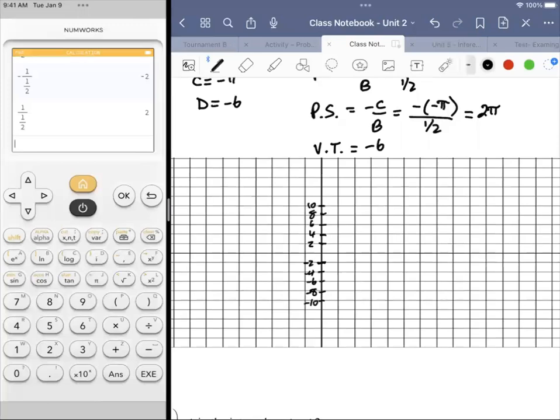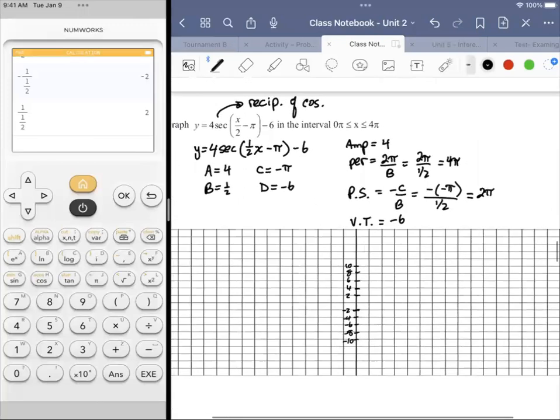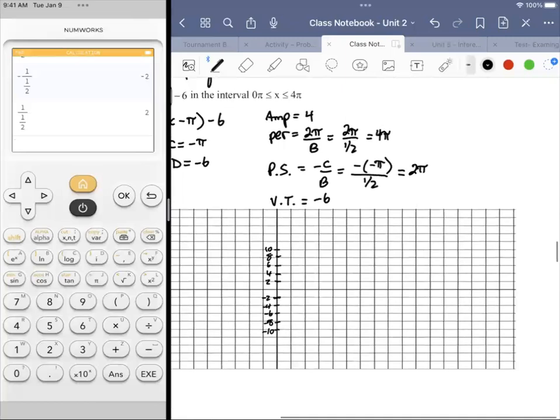Now, for my domain, I have to go out to 4 pi, but I also have to be prepared to shift it left and right 2 pi units. All right, so in this case, we're shifting right.